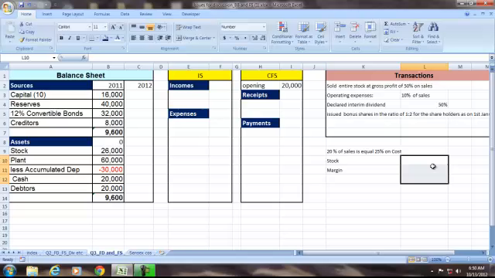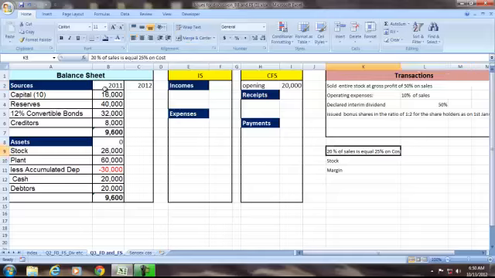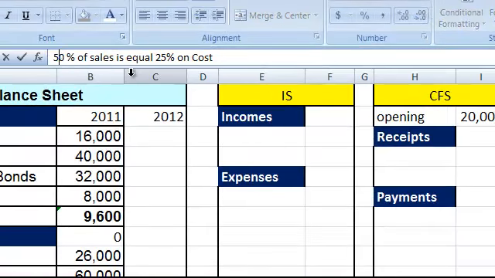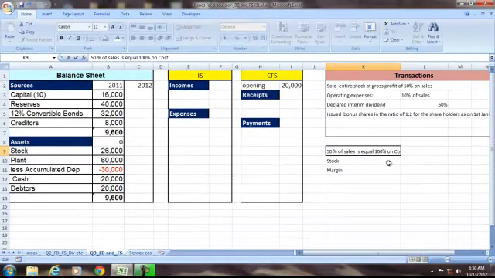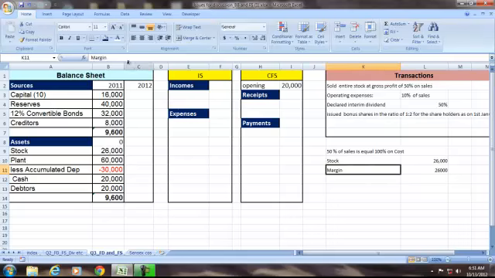indicators. So the opening cash in hand is 20,000. It says sold entire stock at a profit of 50% on sales. So 50% on sales is 100% on cost. Therefore, when the stock is 26,000, the margin is 100% of the cost.